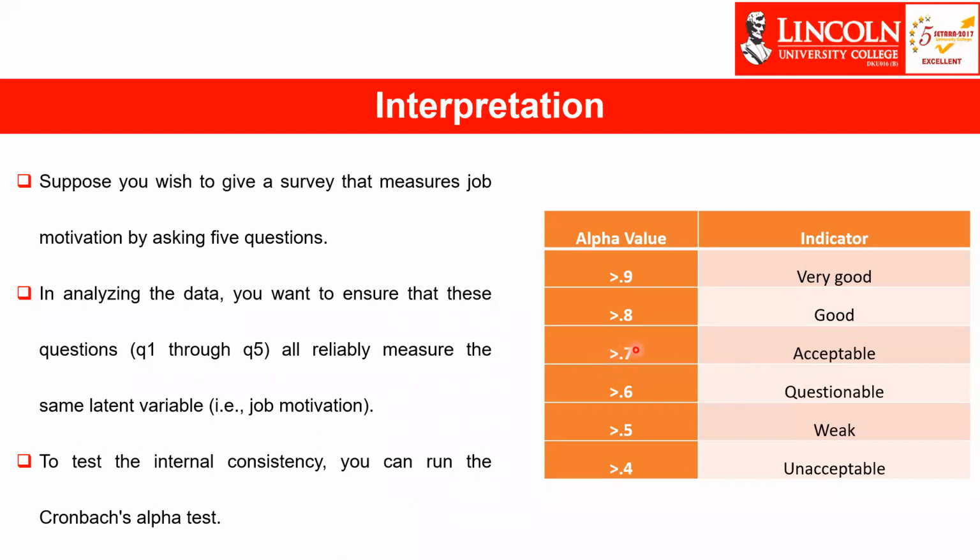If it is 0.7, or greater than 0.6, maybe it is acceptable. But of course, it can still raise some questions. But at least you are safe if this is what you are getting. But of course, if you are getting 0.8 something, then it is good to go. And then a very good one is 0.9.